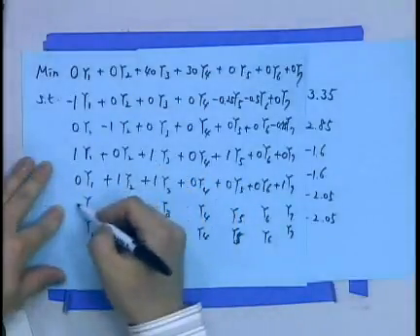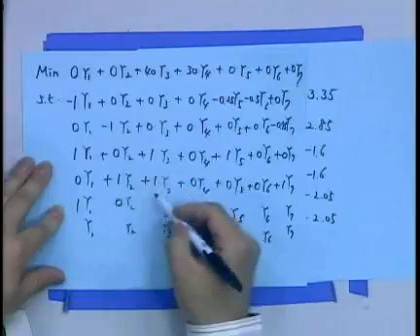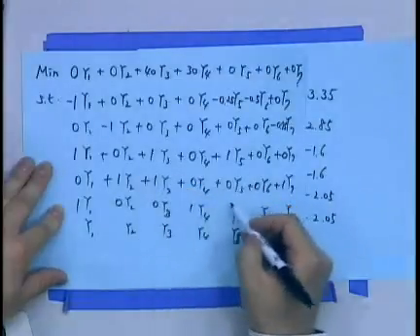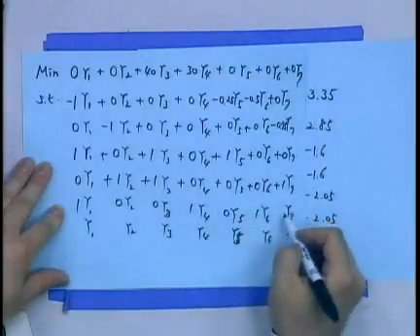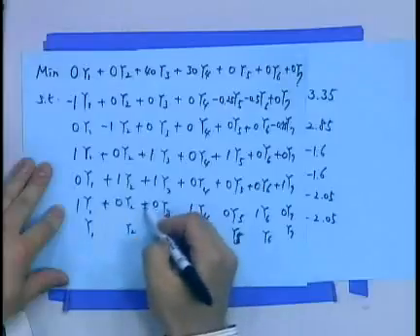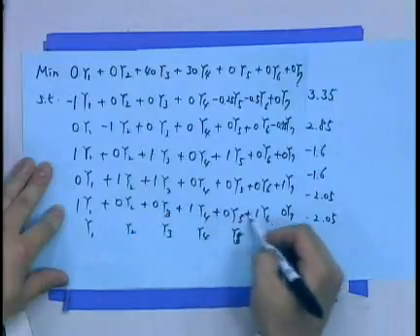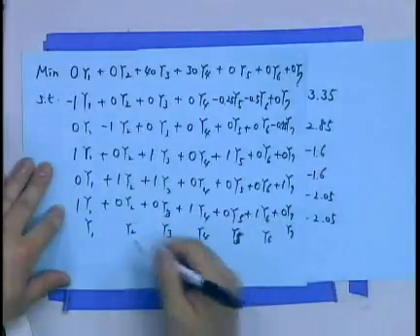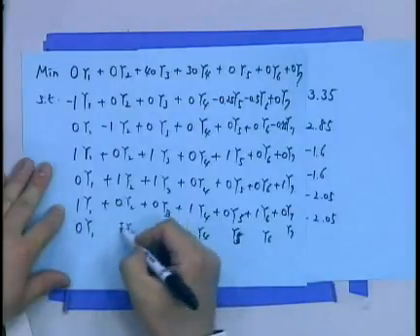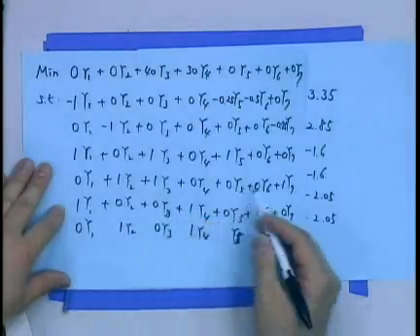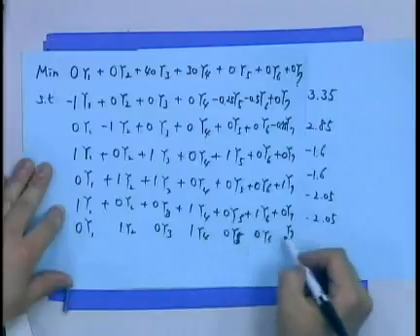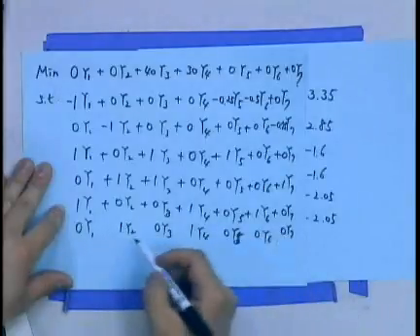The fifth would be 1, 0, 0, 1, 0, 1, 0. The last constraint would be 0, 1, 0, 1, 0, 0, 0. Okay?